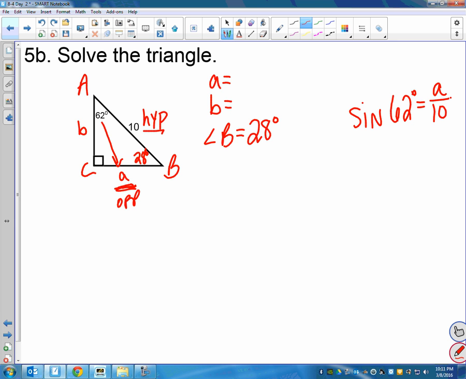So then to solve that for A, I'm just going to multiply both sides by 10, right? Do my algebra. And I'm just going to take 10 times the sine of 62. Again, you need a calculator. And if I go to one decimal place, I get 8.8, which should be less than the hypotenuse, and it is.